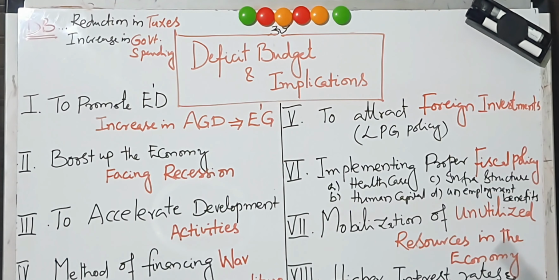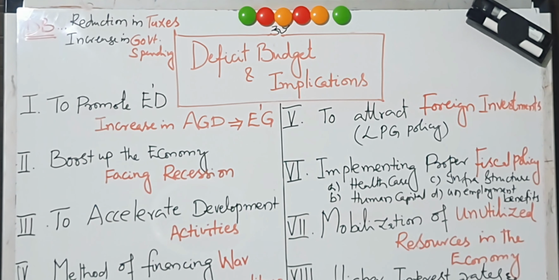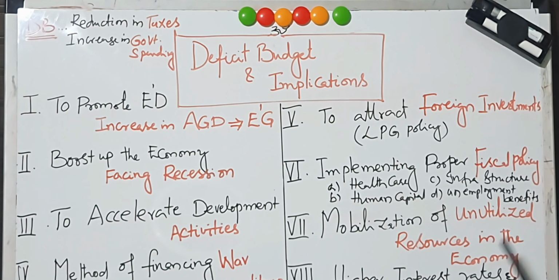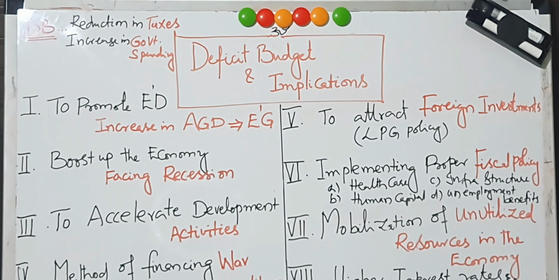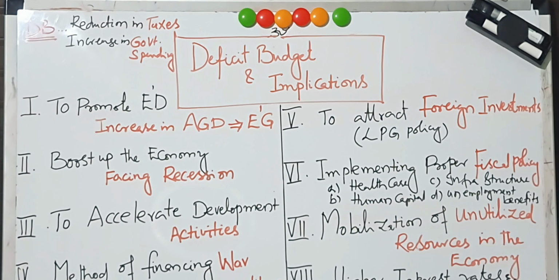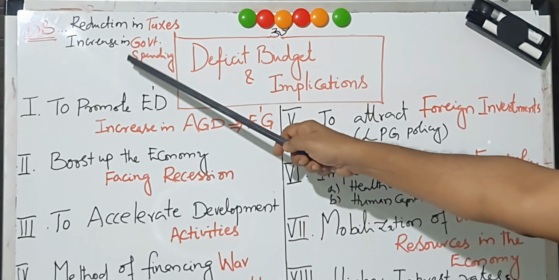If there are good returns on government bonds and high interest rates for depositors, the unutilized resources attract investors to invest their capital in government bonds, so that government spending will be increased.